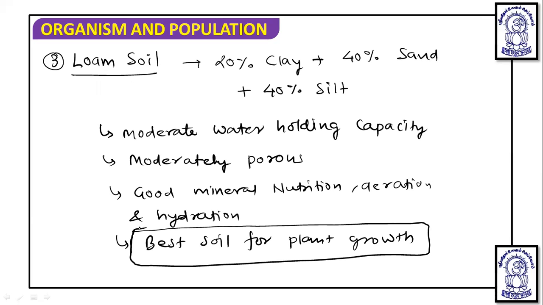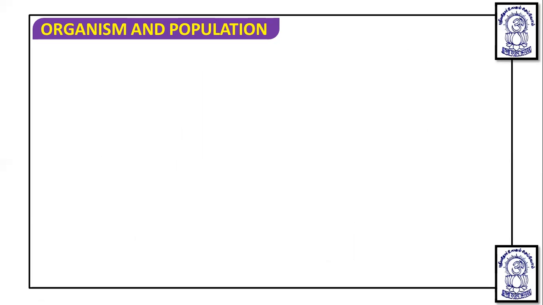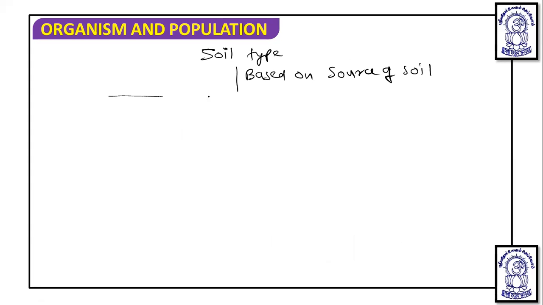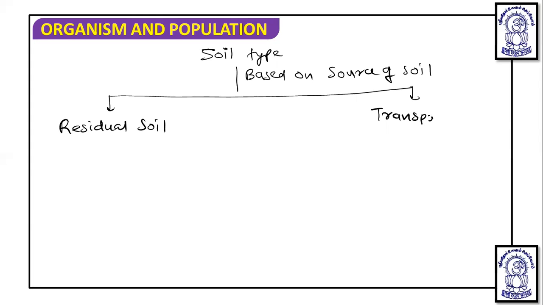Now we are going to talk about another soil type, based on the source of soil. Two types of soil are there: one is residual soil, another is transported soil.